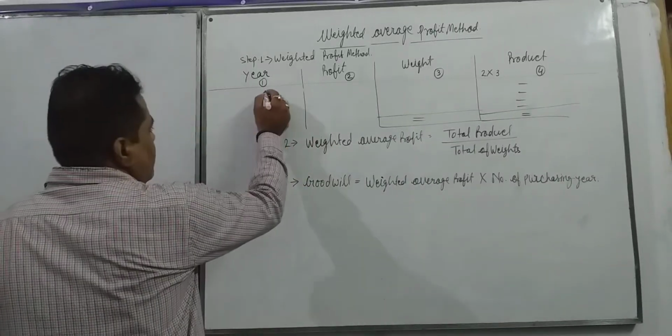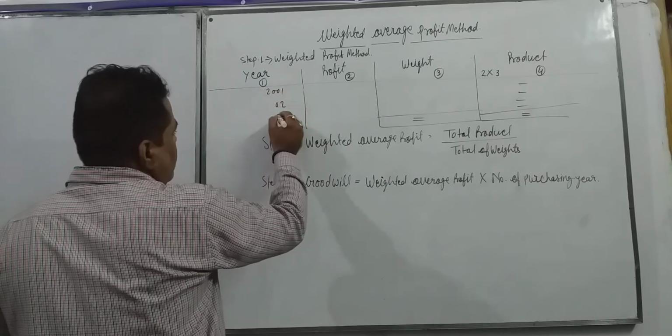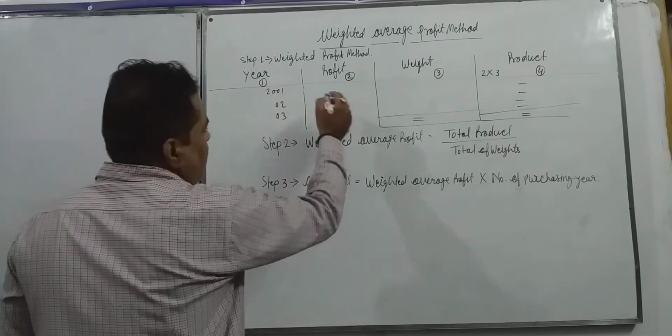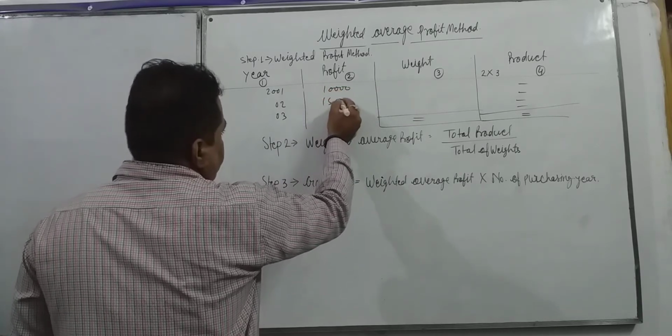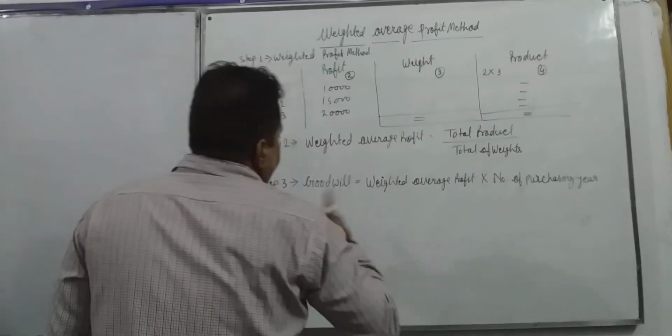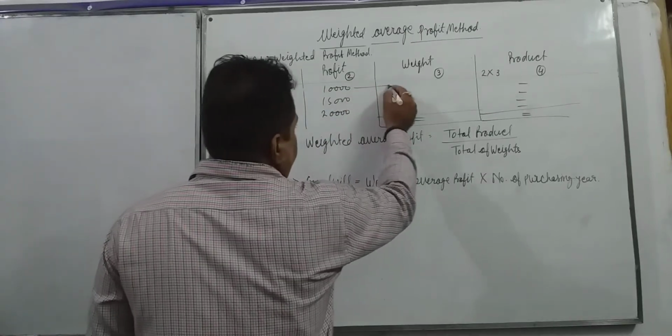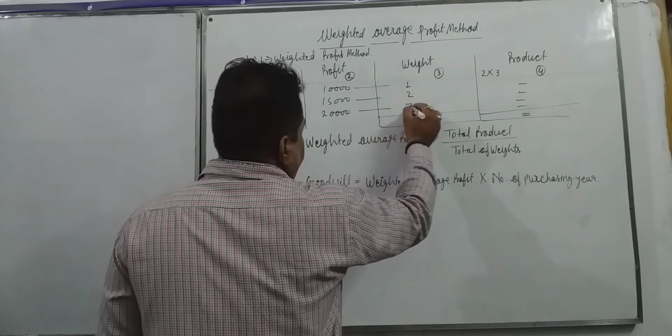How? Suppose we have years 1, 2 and 3, and we have profit 10,000, 15,000 and suppose 20,000, and for the same we have weights also. For this we have weight 1, weight 2 and weight 3.